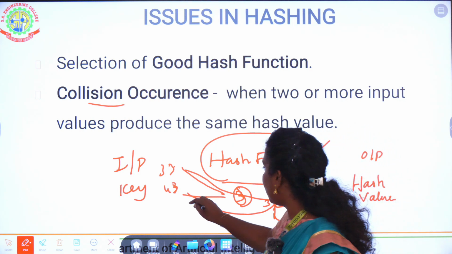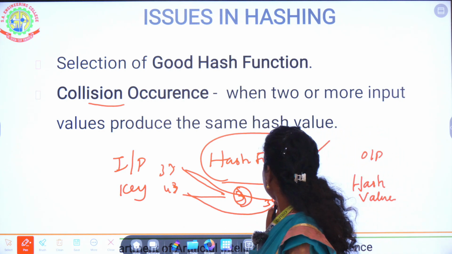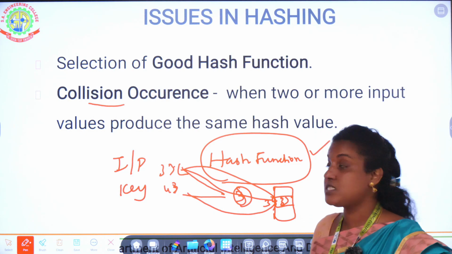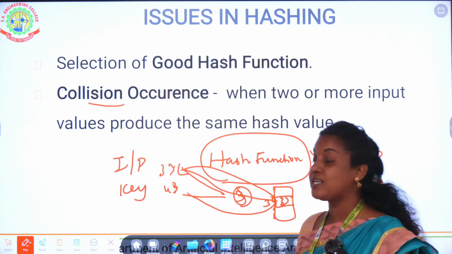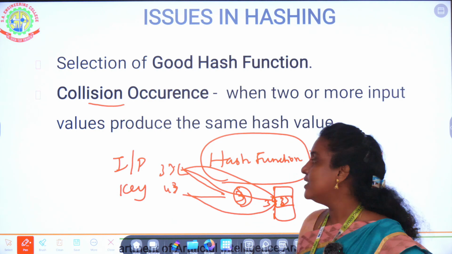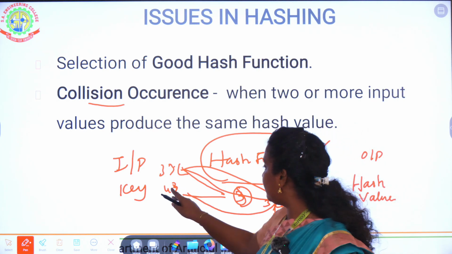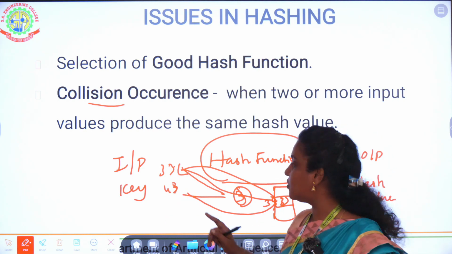So if I want to store 43, there is a chance I could lose the data 33, which should never be allowed in a data structure, because data is very important. Whenever I want to search 33, it should be there, and whenever I want 43, I should be able to retrieve that data.